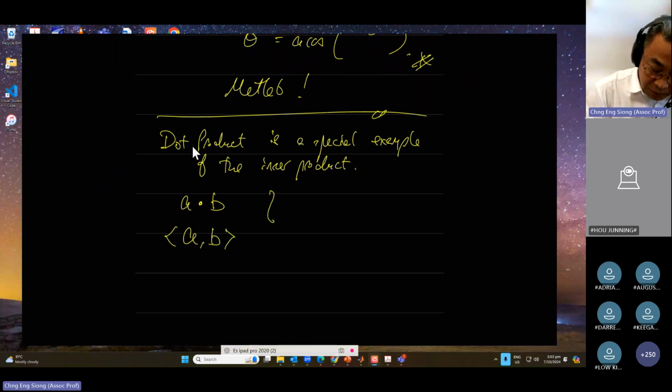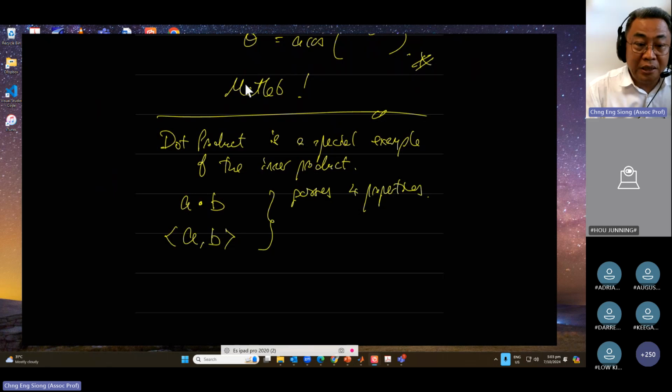Now, both of these are inner products, so they must possess four properties. We leave it abstract: A dot B, we have defined what it looks like. But for A comma B, we haven't told you a single thing. For it to be called an inner product, it must satisfy four properties. Where are these four properties?